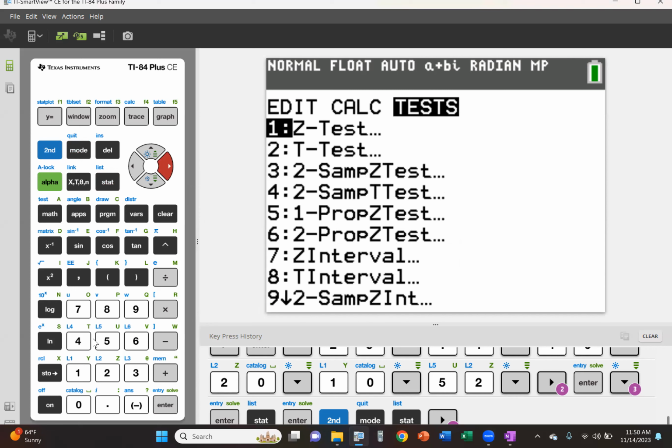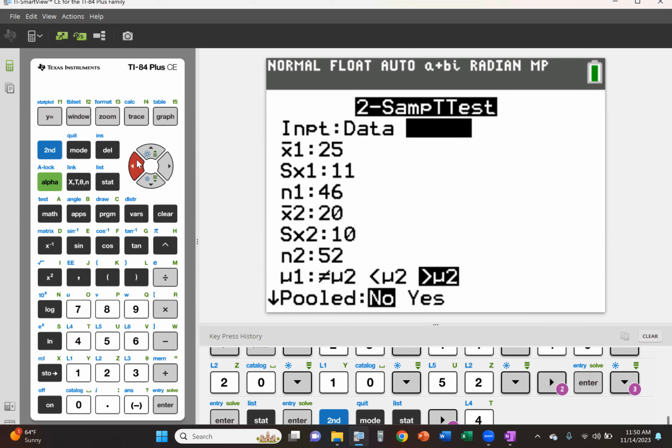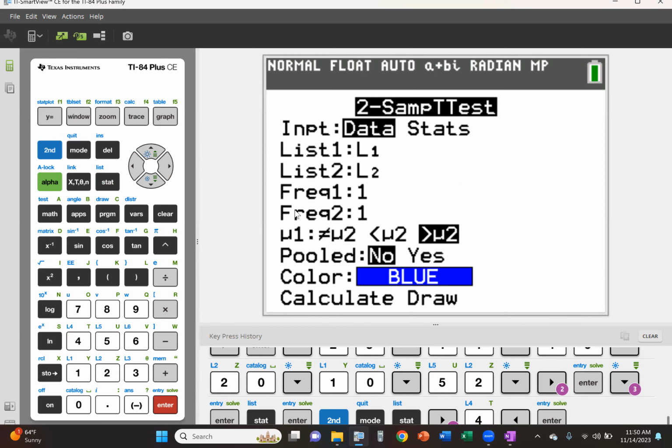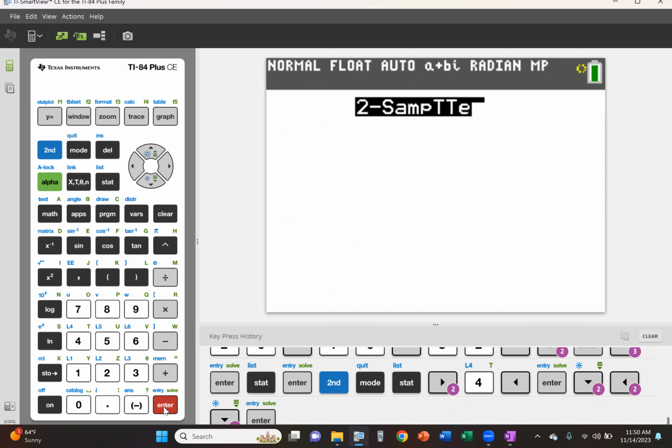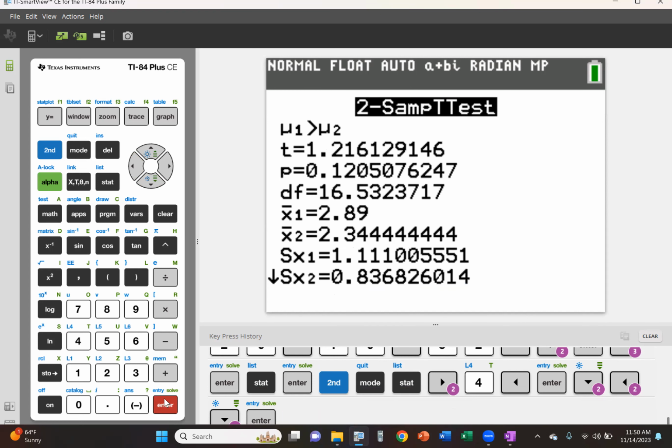Two sample t-test is number 4 on my data. I have red in L1 and blue in L2. And I'm interested in, is L1 bigger than L2? So I am interested in mu1 is bigger than mu2.